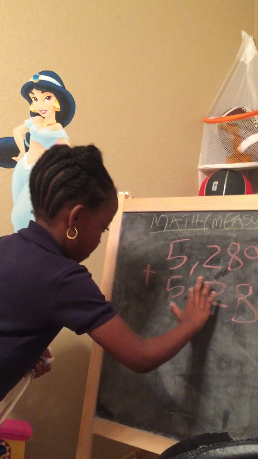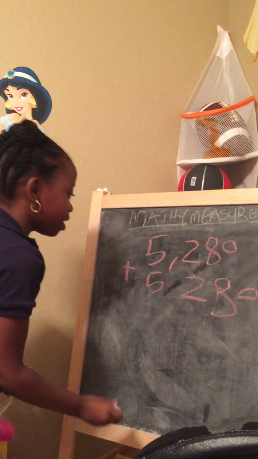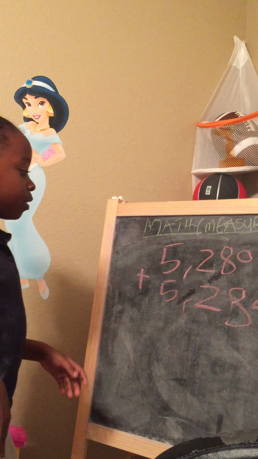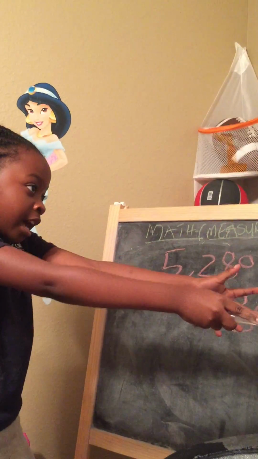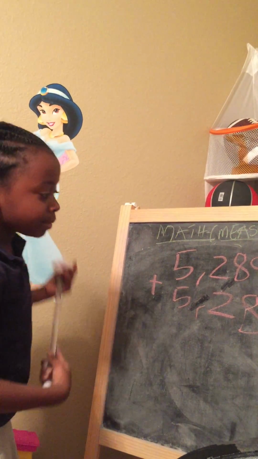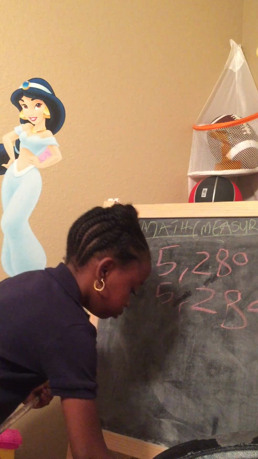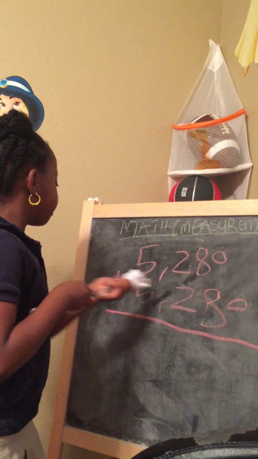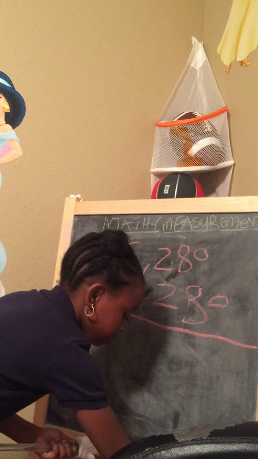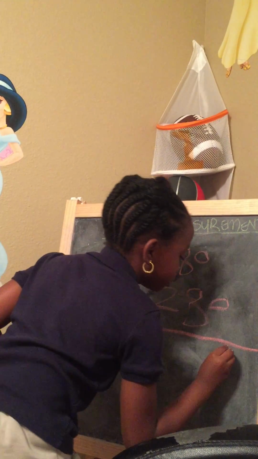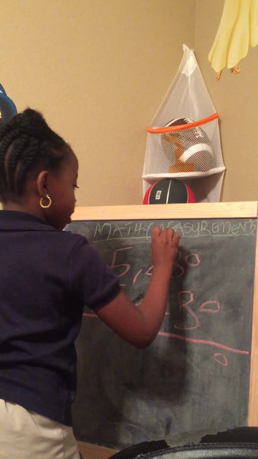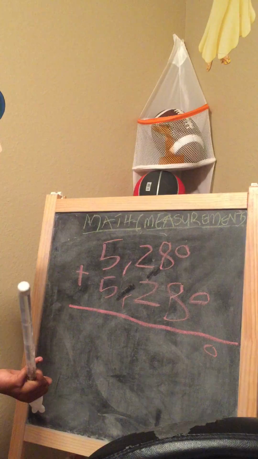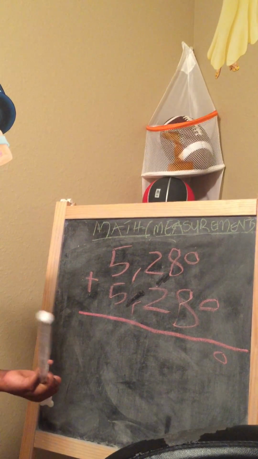Ta-da! Okay, so how do you do that? Instead of going 1, 2, 3, 4, 5, 6, 7, 8, you can just go like this. You start from this side to this side. Okay, go ahead. So first you do this plus this, which is this. 8 plus 8 is 16.